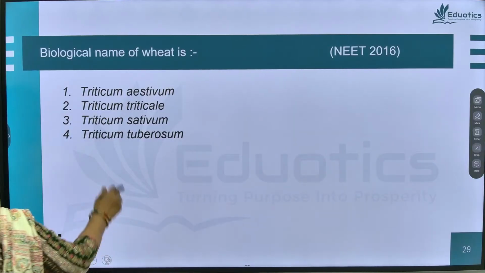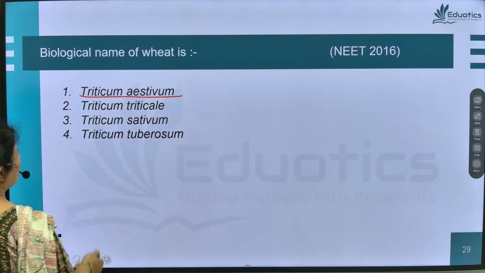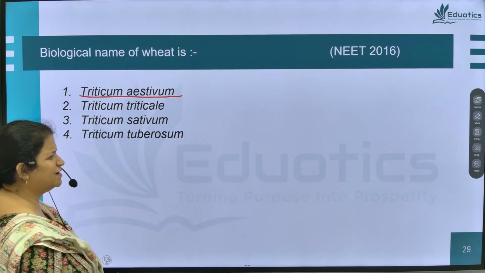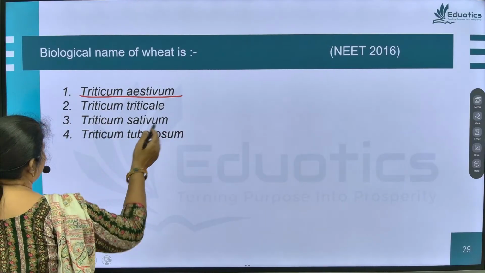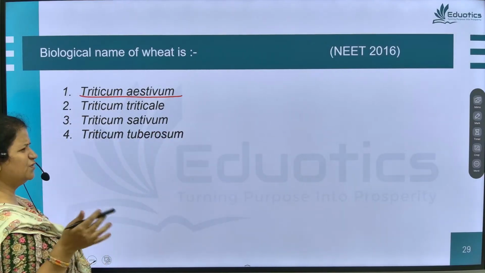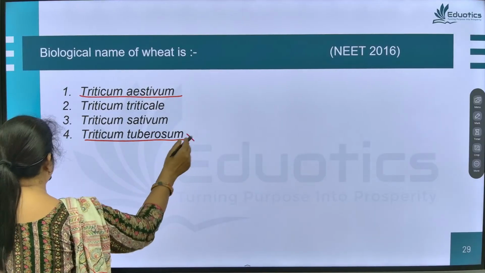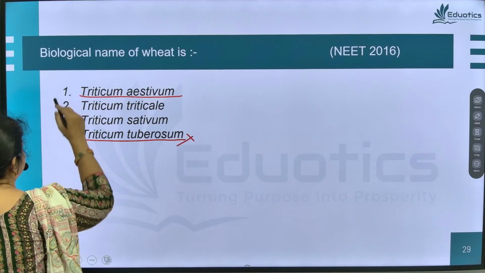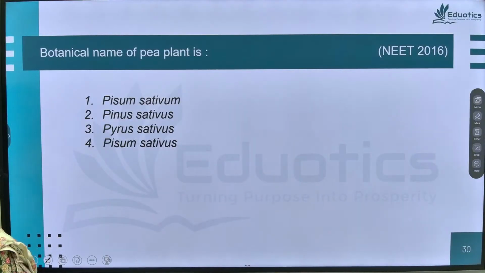Wheat, Triticum aestivum. Triticum triticale is a hybrid of rye and wheat. Triticum sativum is the old unused name of wheat now, and Triticum tubersum is not a particular name. So option first will be the correct answer.